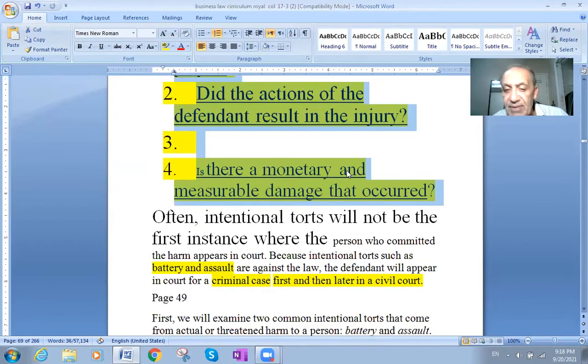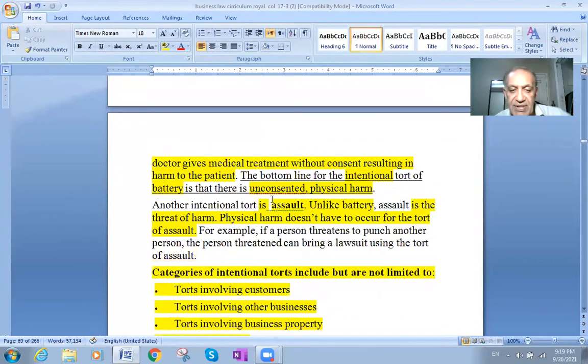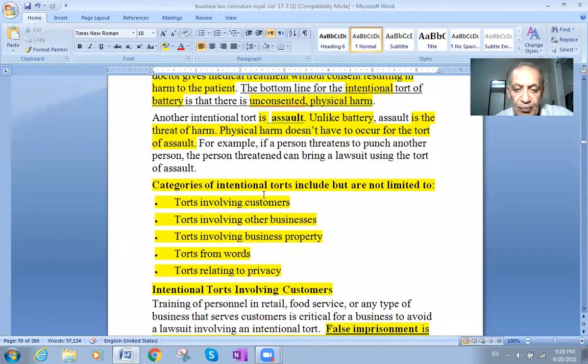There must be damage. Otherwise, it won't be a tort. As an example, battery and assault are against the law. The defendant will appear in court for a criminal case first and then later in a civil court. This is just to show it.